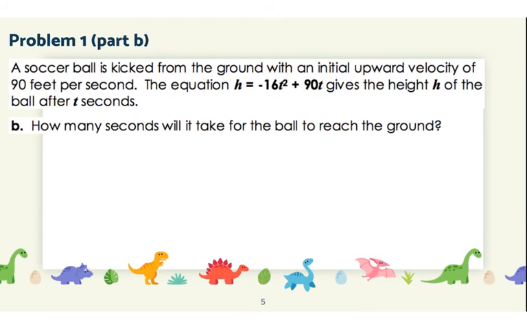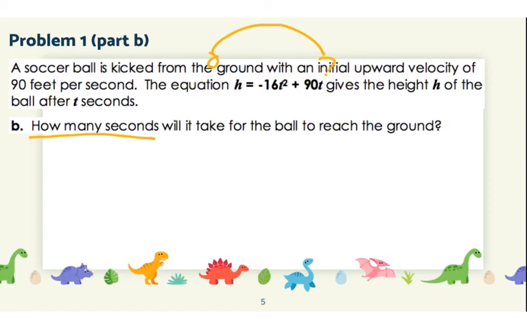All right, so now how many seconds will it take for the ball to reach the ground? Remember when we were drawing that picture, I don't care about where it starts, I know that's at 0 seconds. They're just saying how many seconds will it take for it to hit the ground.